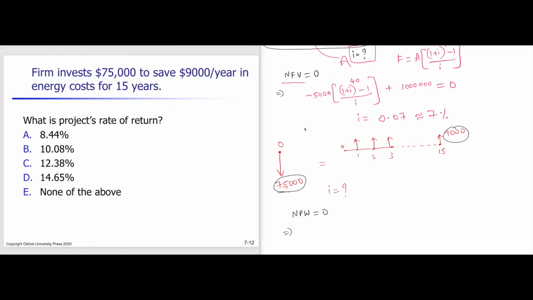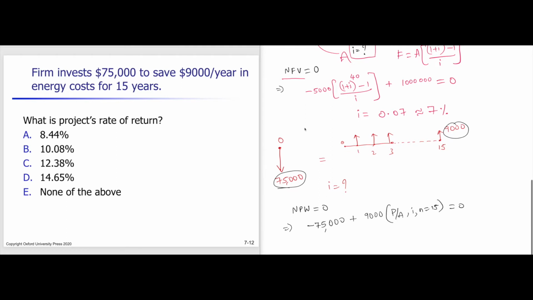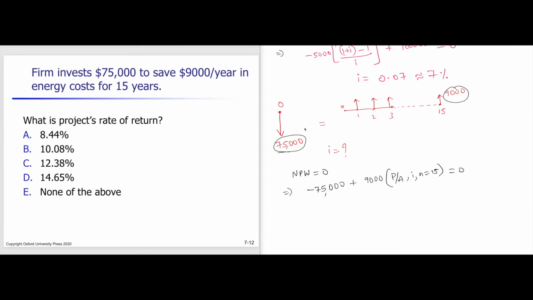That implies negative 75,000 plus 9,000, which is A. We want to calculate P given A for I and N equal to 15. That should be zero. We use this formula to calculate I.